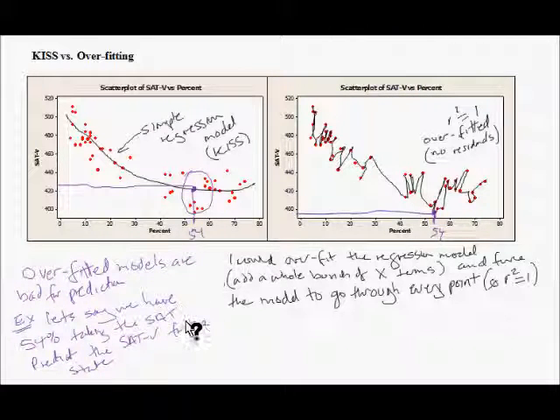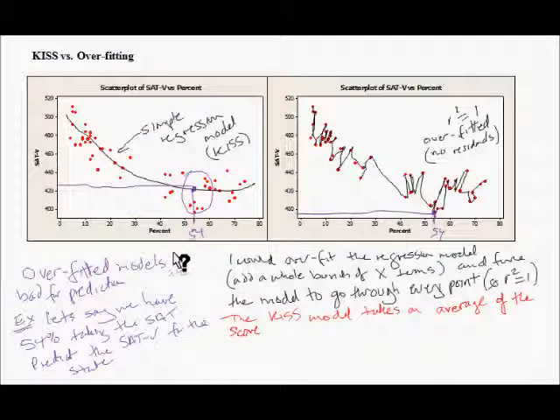So in other words, the KISS model takes an average of the scores around 54, or the percents around 54, to get its prediction.